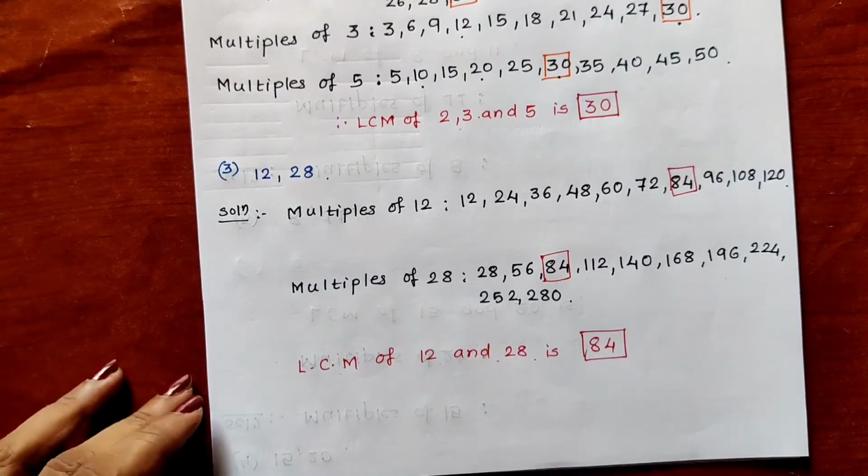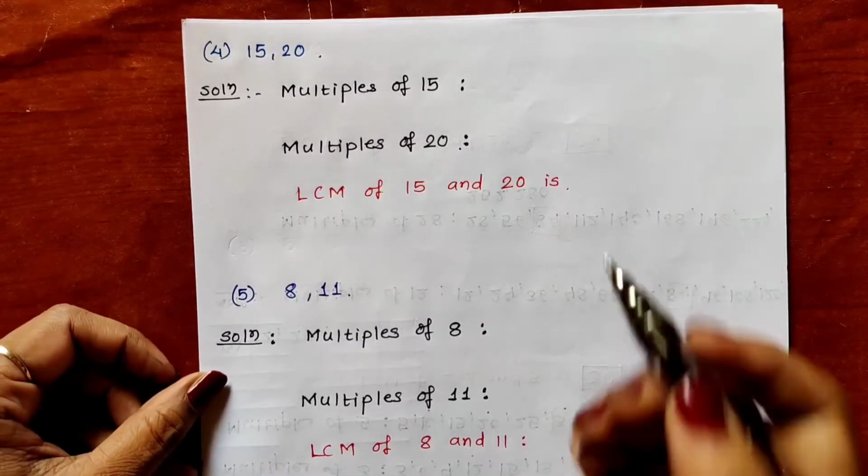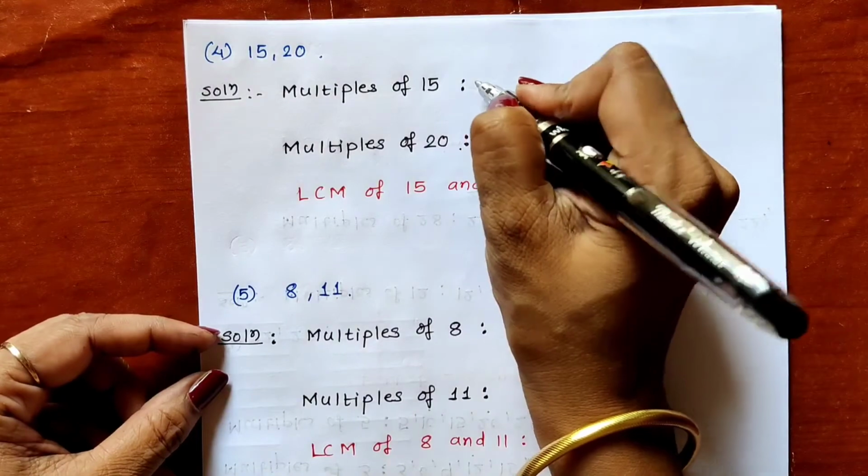Now next sum, multiples of 15, that means write the table of 15.